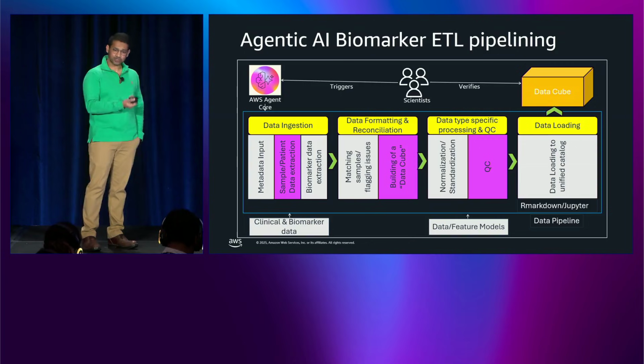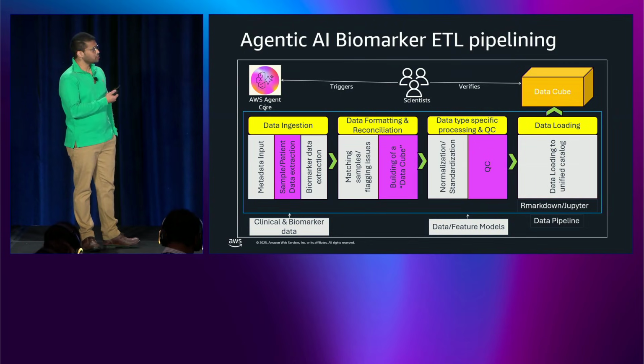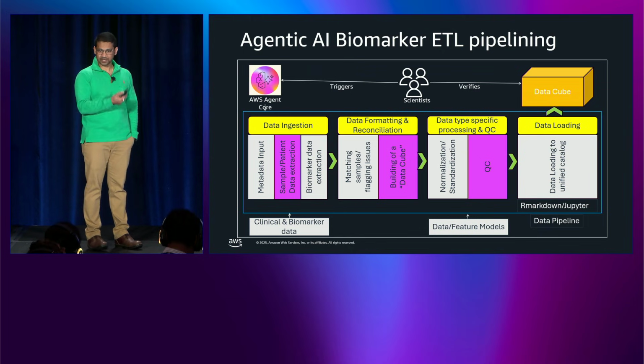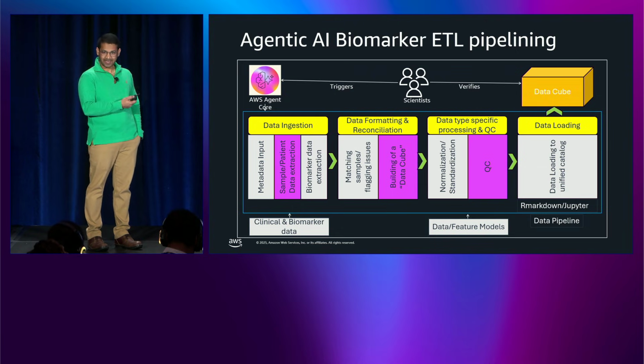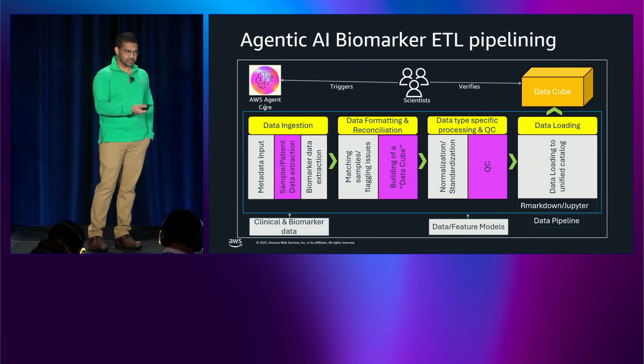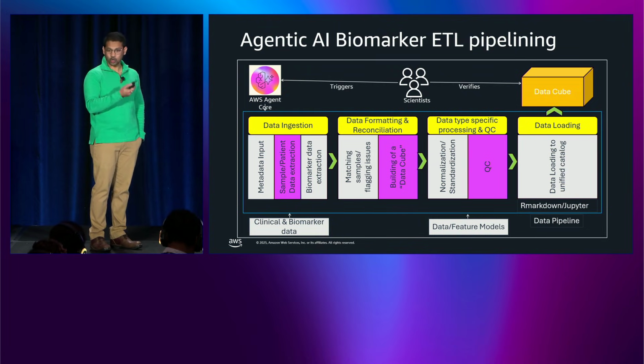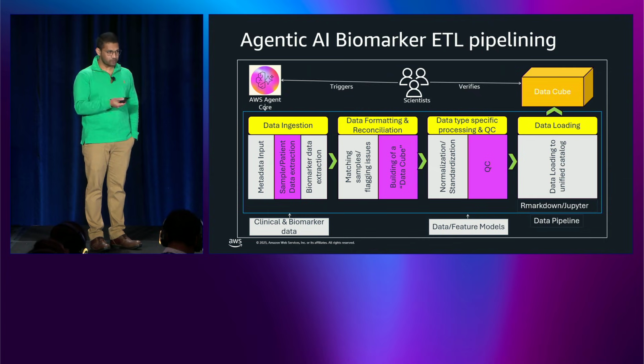So as an outcome, here we are able to remove a week's worth of manual effort. We are able to really accelerate the time to harmonize data for pharmacokinetic and pharmacodynamic analysis, in turn accelerating our proof of mechanism and go, no-go decisions, which is very critical for clinical trial success.